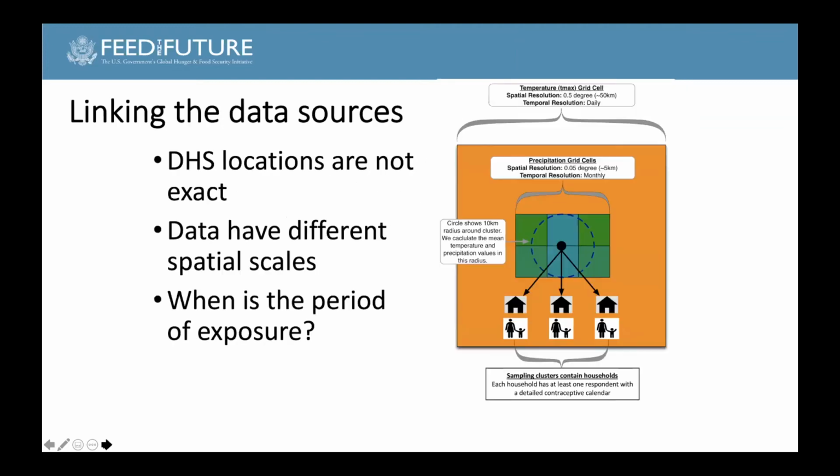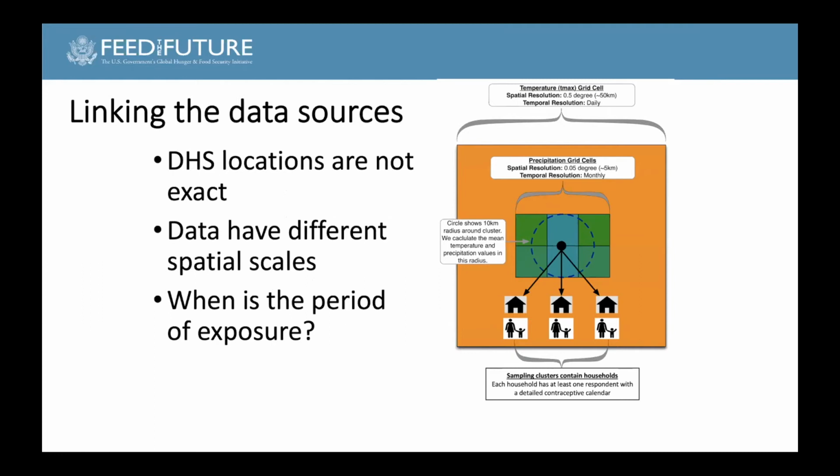Okay. So just quickly, I wanted to show you what this looks like visually in terms of putting all this data together. Not only do each of the remotely sensed data sets have very different spatial and temporal resolutions, but so does this survey data. So we don't know exactly where any individual lives because that's private.